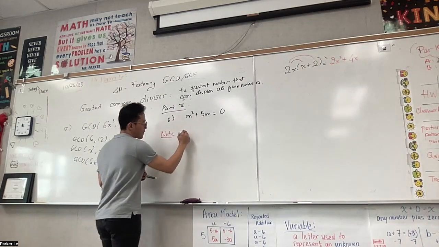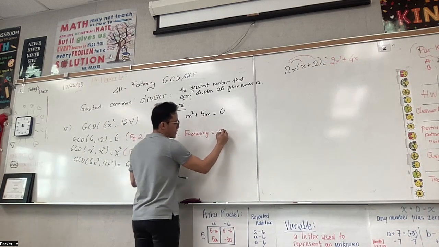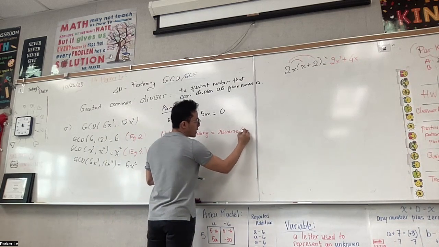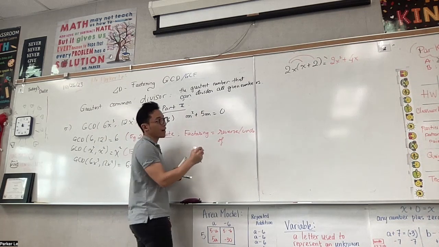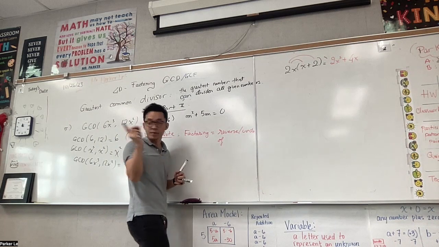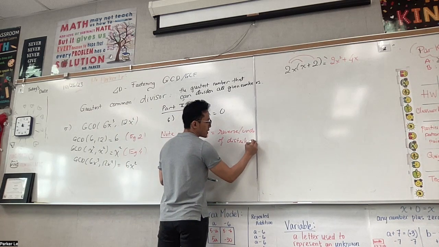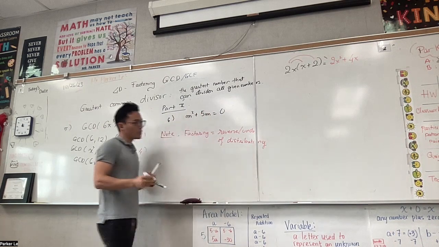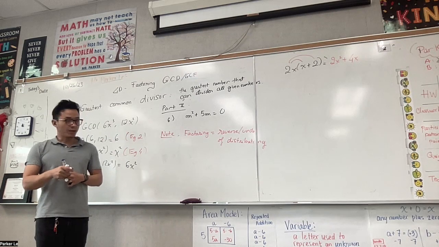Note: factoring is the reverse or undo of what? Distribution, multiplication, distributing. So factoring is the reverse or undo of distributing.